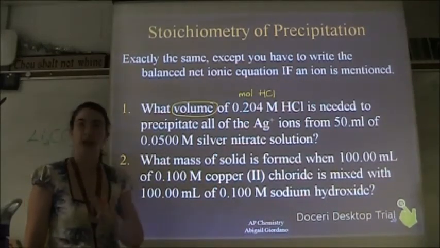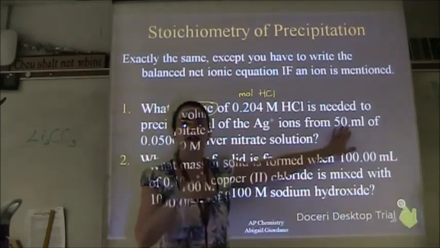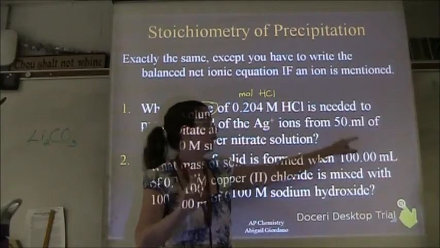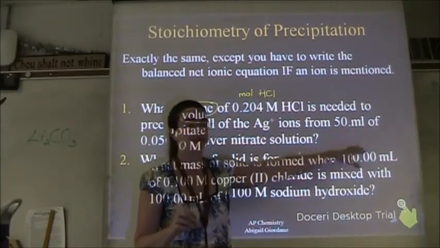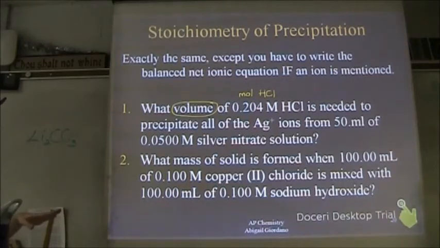Be careful with your units. Molarity is moles divided by what unit? Liters, not milliliters. I'm going to let you guys work through this. What do you think is the very first thing you should do before you even start calculating? Write out a balanced equation. It doesn't have to be a net ionic, just a molecular equation.